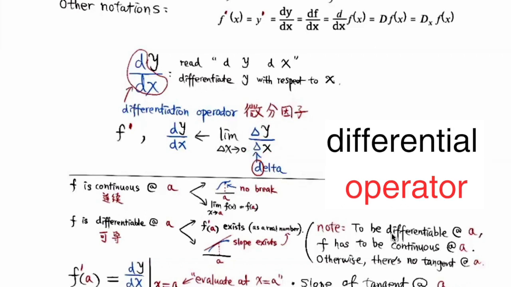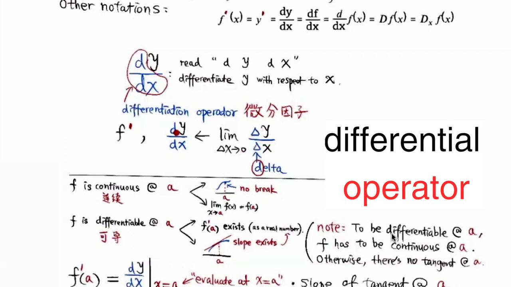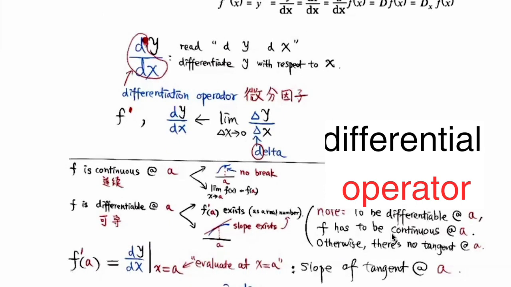Now delta starts with a d, so as delta x approaches 0, you replace the delta here and the delta here by the d. So dy dx. Okay, we see the relation between this notation and this, right? So this is called the differential operator.